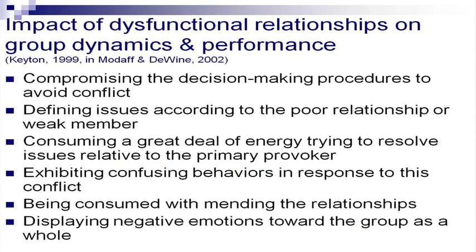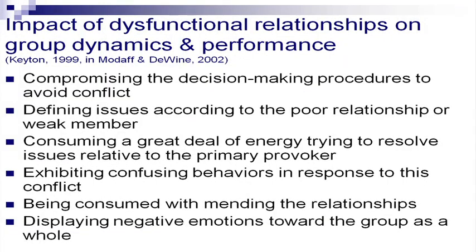Okay, we consume a great deal of energy trying to resolve issues relative to the primary provoker, and again this is related, not going to go into it. Exhibiting confusing behaviors in response to this conflict. Again, we waste too much time, too much energy. We may exhibit conflicting behaviors. On the one hand, we want to support a person who needs it. On the other hand, we want to sort of counteract the problems also. So we want to stop the behavior, we want to regulate the behavior, so that can become problematic.